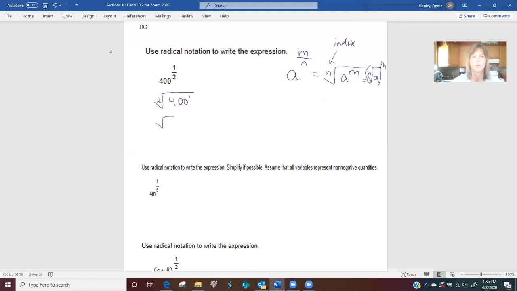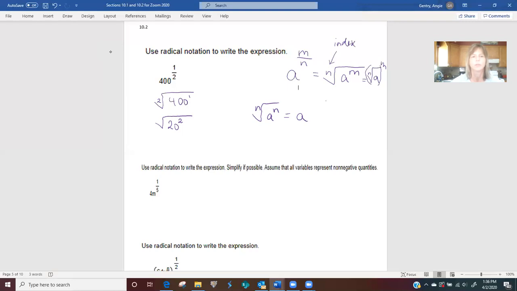So this is the square root of, could you write the 400 as something squared? And last time we said the nth root of a to the n, meaning if the index matches my exponent, then the a comes out. This is the rule from 10.1 that we're going to use here.